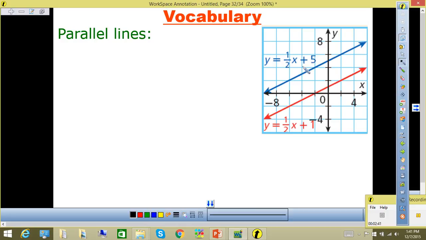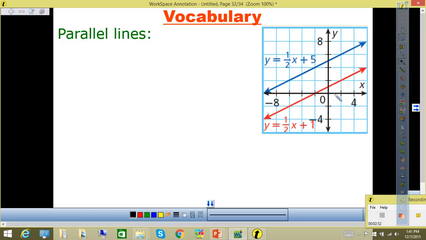Here's the equation for this blue line, and here's the equation for this red line. So think about it. What do these 2 equations have in particular that we can write our definition for parallel lines? Look at it. You already know some terminology according to these equations. So talk it over with your neighbor.